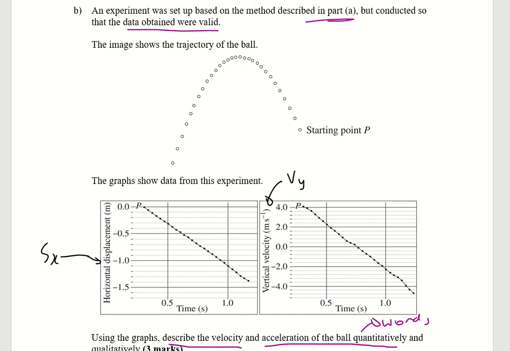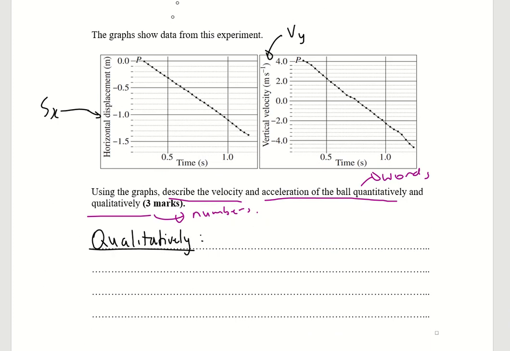Okay, so qualitatively on graph Sx versus time, we have a constant gradient.